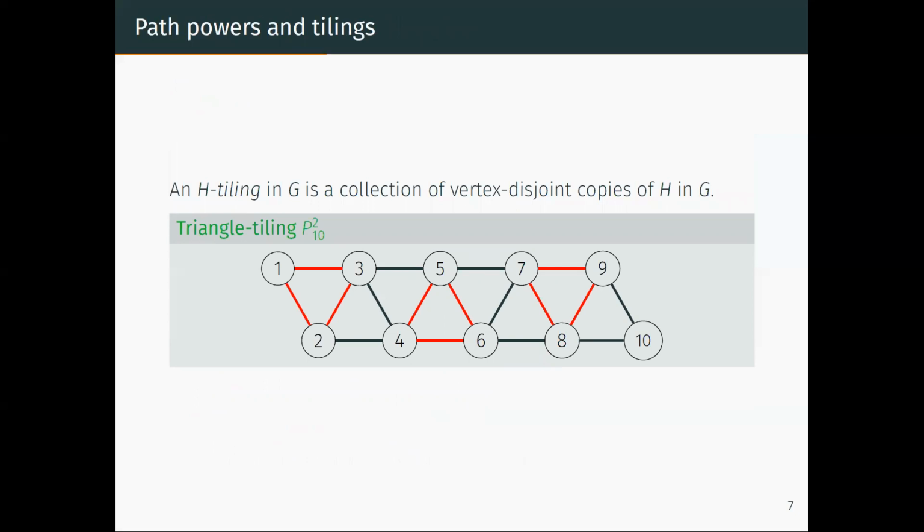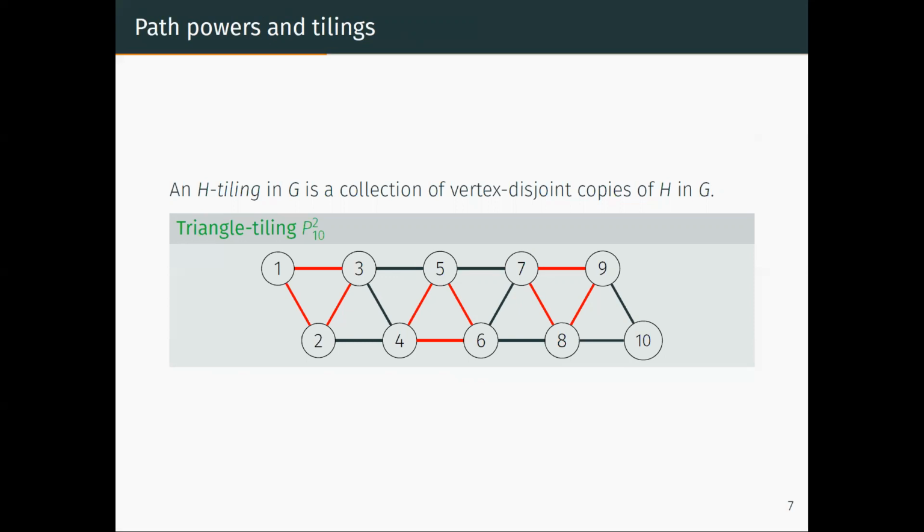Right, so a little aside. A related problem to finding a power of a cycle or path is one of finding a tiling of cliques of a certain size. A tiling is basically just a collection of vertex-disjoint copies of H in G. To give an example, if we have the square of a path on 10 vertices, how might I get a tiling of triangles?